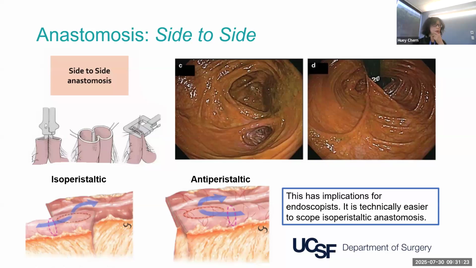If we do an ileocolic anastomosis for Crohn's, I can imagine how that could be challenging if there is ileal disease that you're trying to monitor post-op because of this anti-peristaltic configuration. There's a way to do an isoperistaltic side-to-side anastomosis, and that probably gives some advantage for endoscopists to survey in the future because it's more of a straight shot.